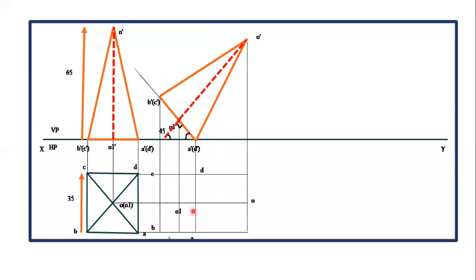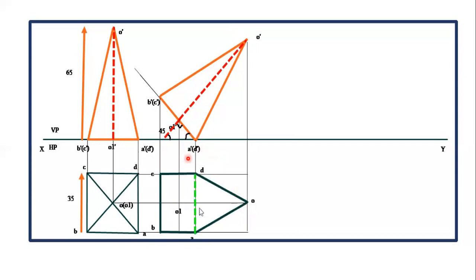Now the rules for drawing visible and hidden edges. Draw or connect all the outer boundary points through visible lines. None of the outer boundary points should be in a hidden line. So all the outer boundary points should be visible.